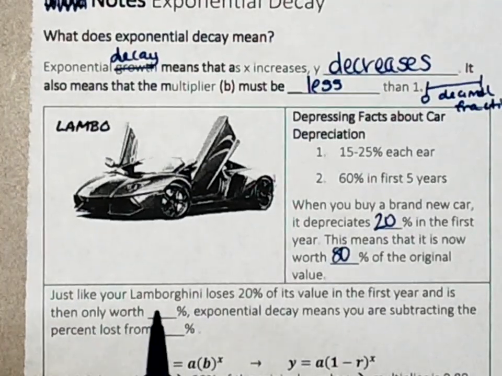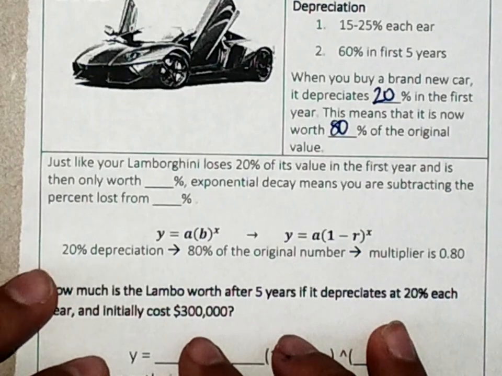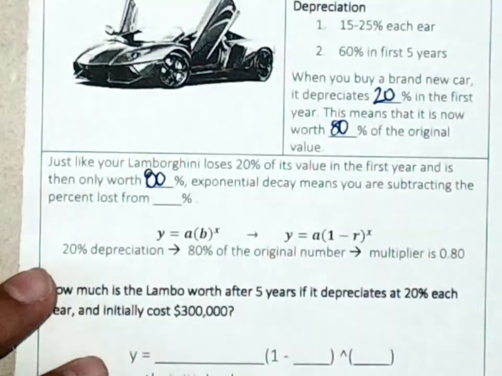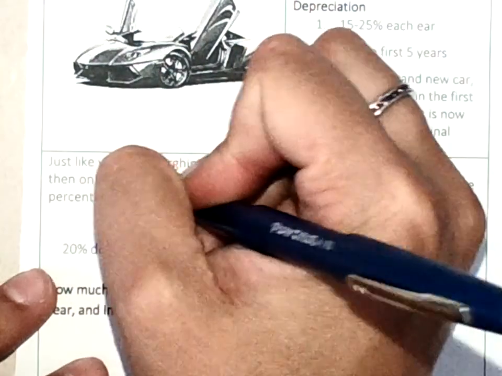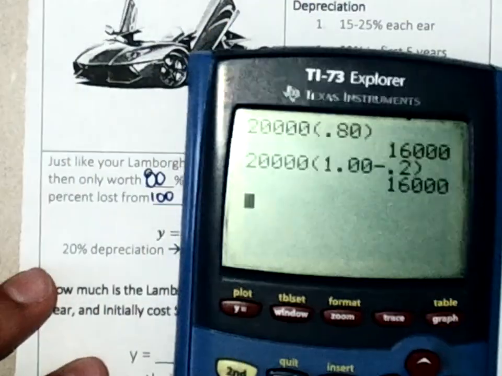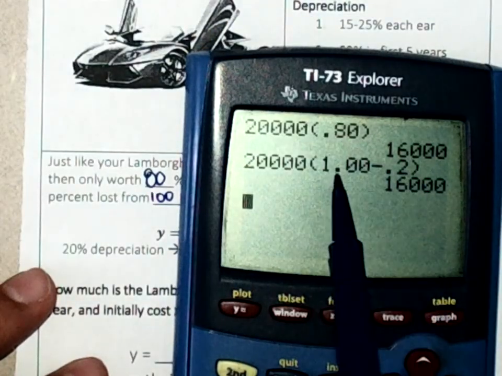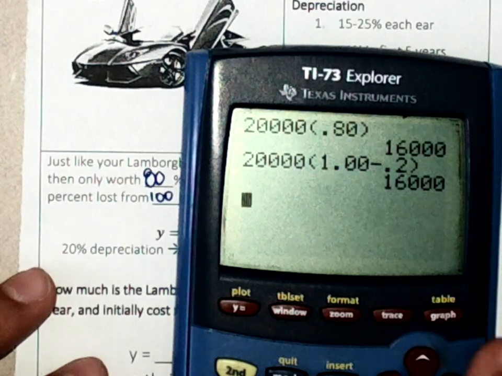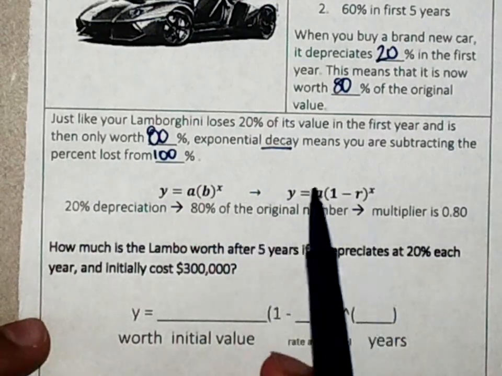So just like your Lamborghini loses 20% of its value in the first year and is then only worth 80%, exponential decay means that you are subtracting the percent from 100, like I just showed you in the calculator. You're subtracting the depreciation from 100, which is the opposite of growth, where we add those two things together. So this is our new way of thinking about it.